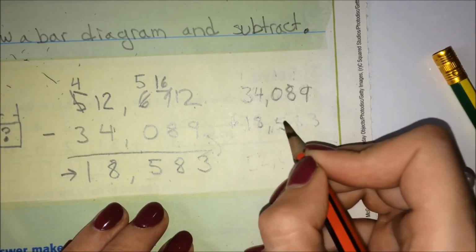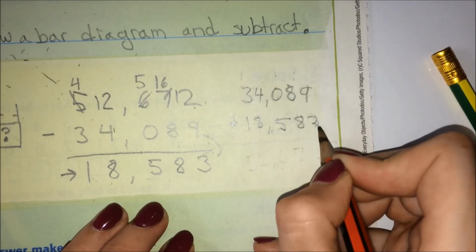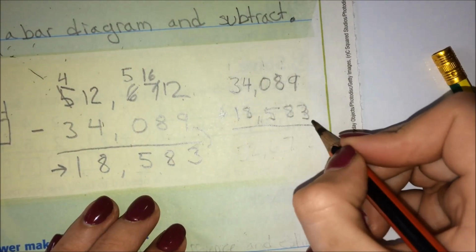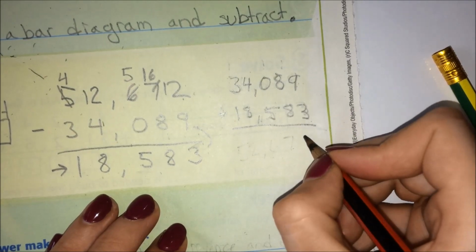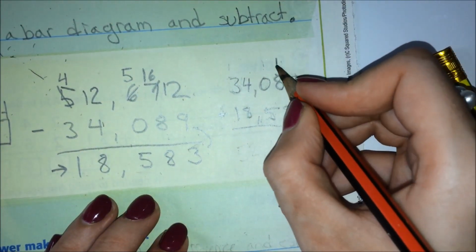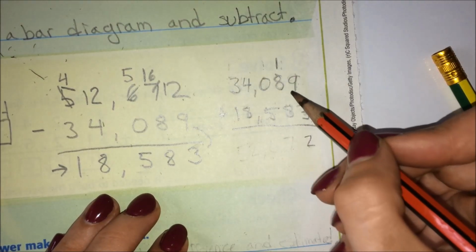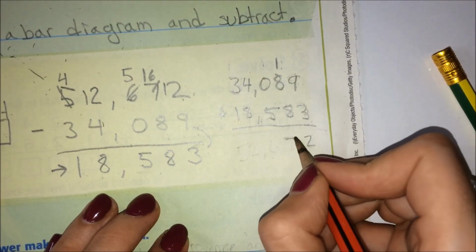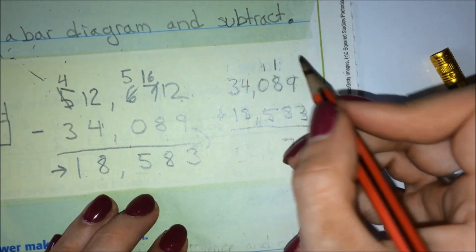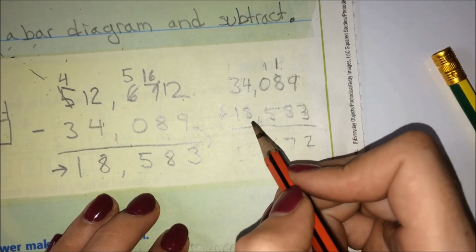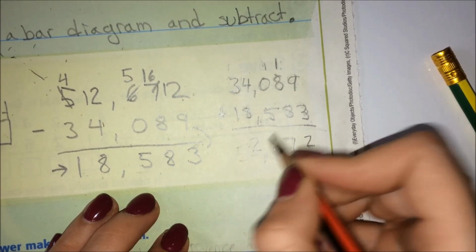Now, you don't always have to check all of these things, but if you're doing something like a test, you probably want to really check your answers, and this is a great way to do it. 9 plus 3 is 12. 8 plus 8, 16, plus 1 is 17. 1 plus 5 is 6. 4 plus 8, 12.